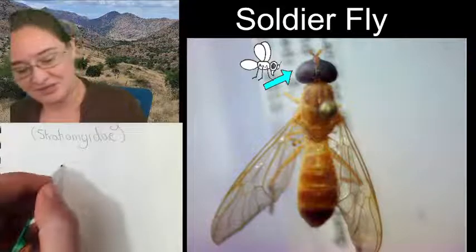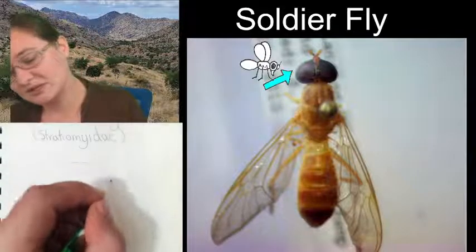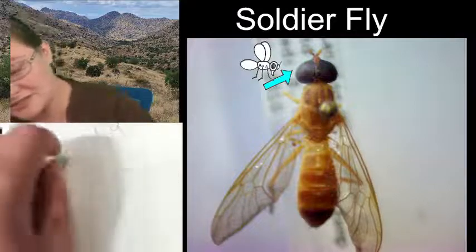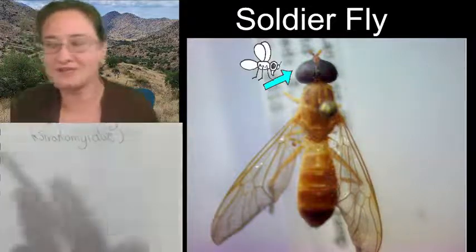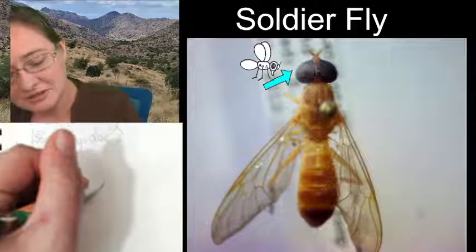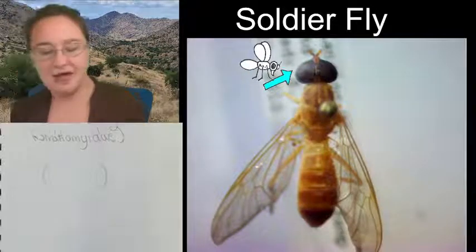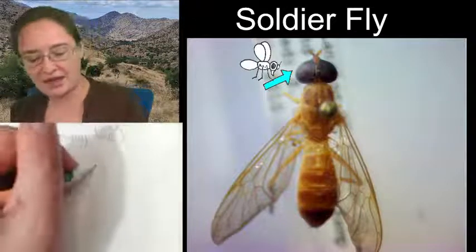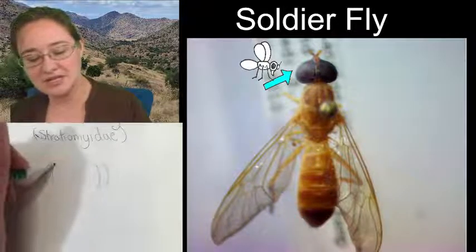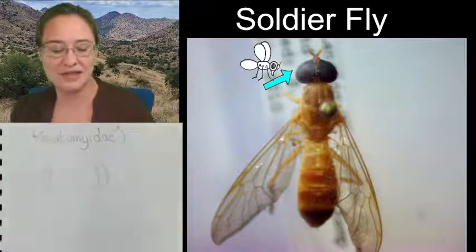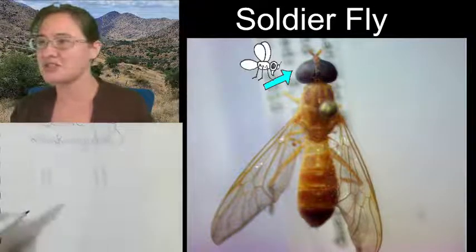Alright, so let's see. The head shape, I don't want to make it too big because I need the fly to fit onto the paper. So I'm going to start, I guess, my fly head as parentheses, and then when I decide that that's about the size that I want my soldier fly's head, I will go ahead and connect the two.